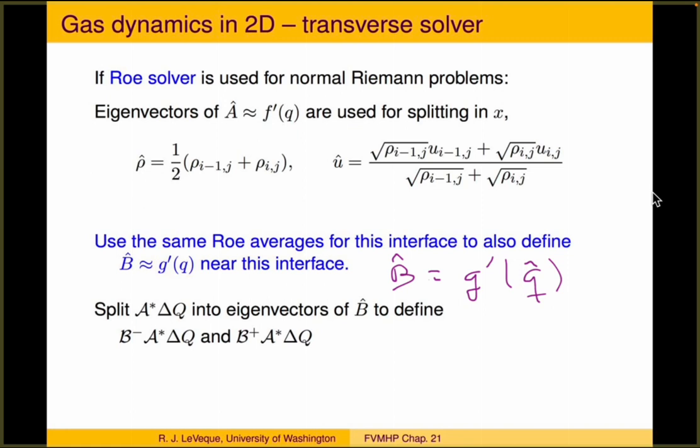And we know explicitly the eigenvalues and eigenvectors of that matrix. They're essentially the same as in the x direction. And so we can use that to split up either a minus delta q or a plus delta q into eigenvectors now of this b hat matrix, and that would define our transverse fluctuations.